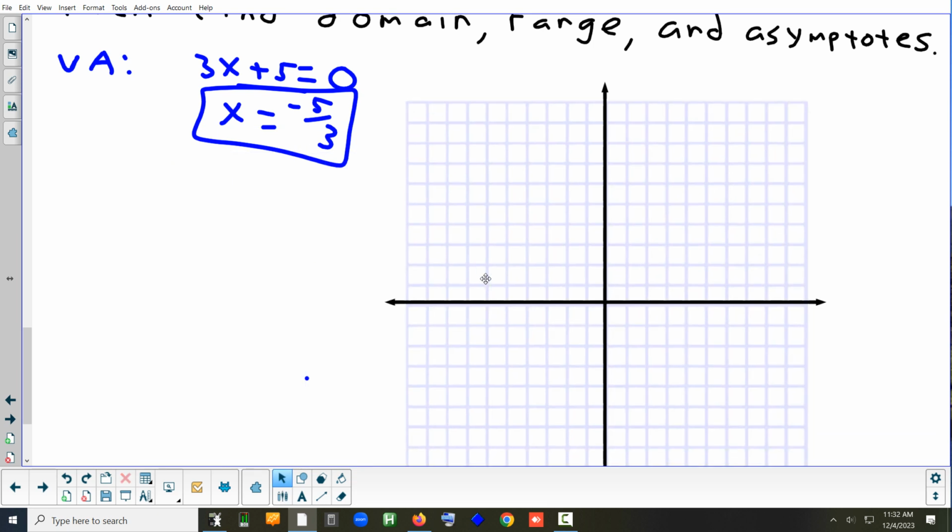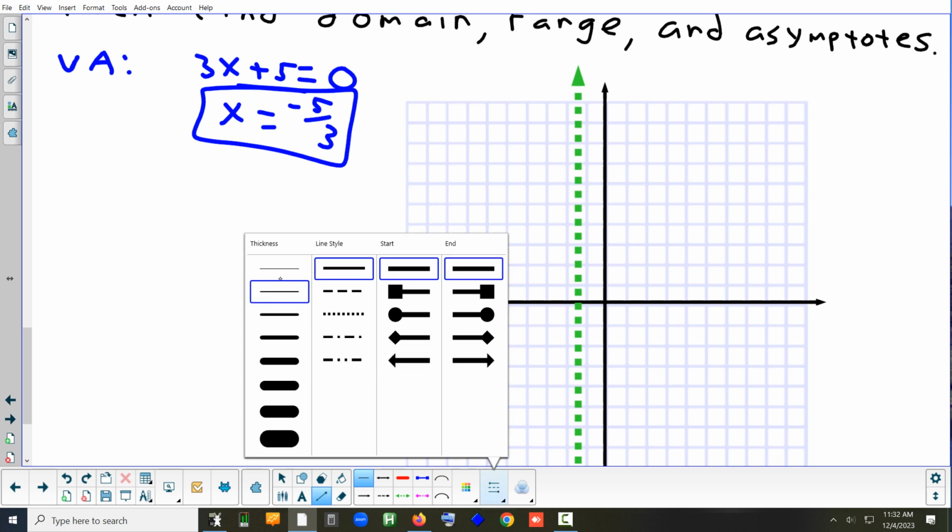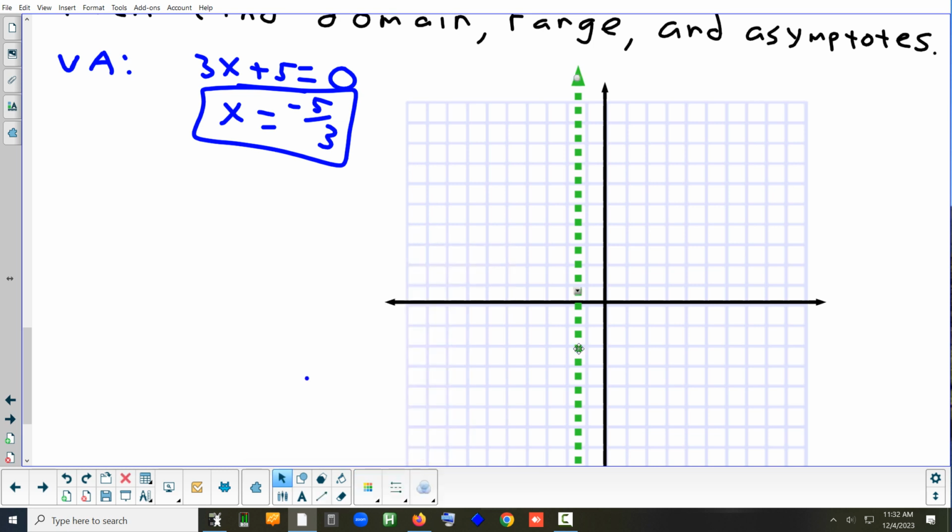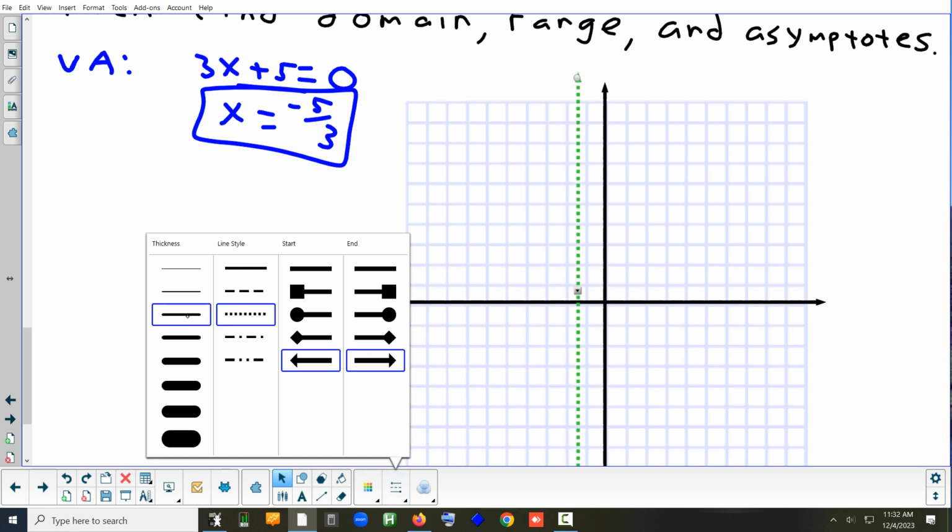So negative 5/3, about negative 1.6. So we need a vertical line. Because it's an asymptote, it would probably help if I made it a little thinner.